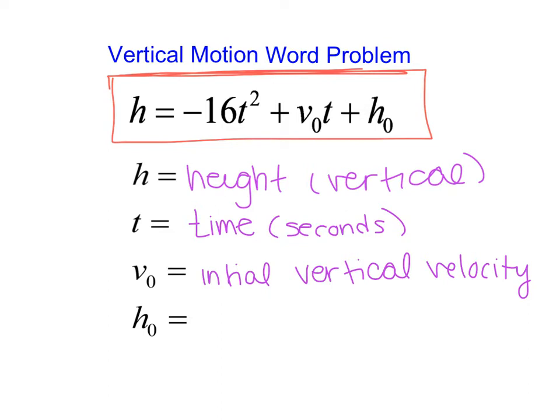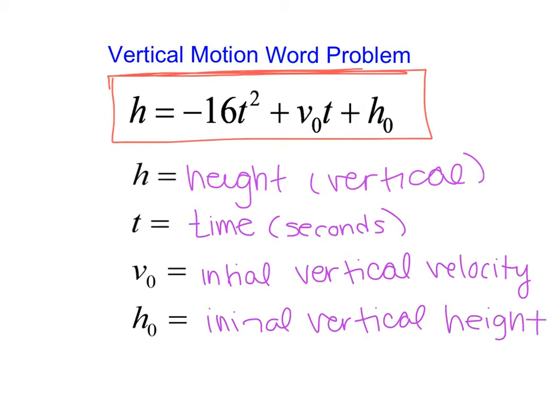And then h sub 0 is the initial vertical height. Anything with h represents a height, anything with a v represents velocity, and this little sub 0 represents its initial value, basically meaning at time equals 0.